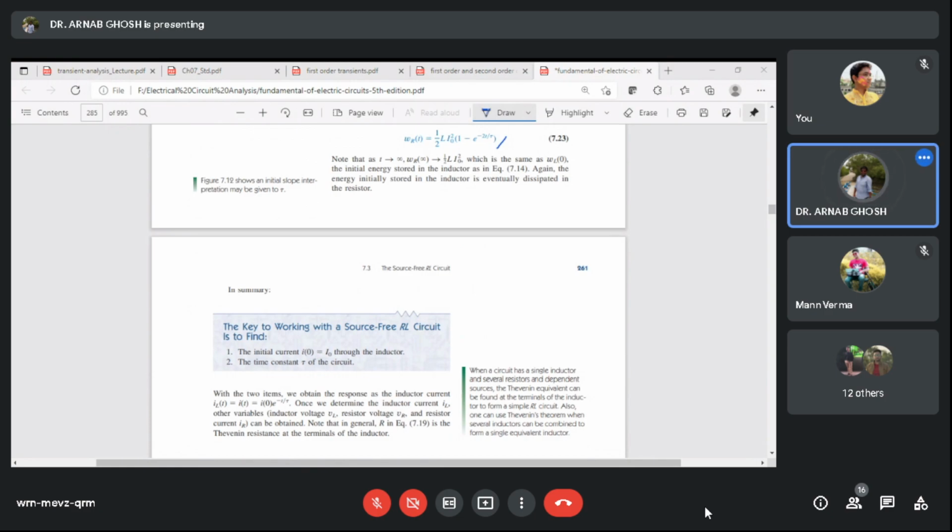For term 1 or for the end semester, there will be 3 sections: group A, group B, and group C. Group A will have questions of 2 marks each, and you have to write any 5 questions of 2 marks each. So you might be given 7 or 8 questions in group A, and you have to write 5 out of those. So group A is 5 cross 2, that is equal to 10.